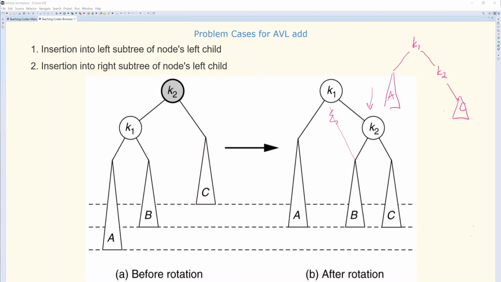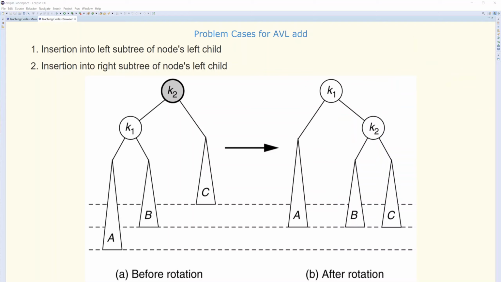We just break this link and create this link. So the tree in the middle becomes adopted by K2. Okay? And this solves our problem. Now it's a balanced tree. Now, I hope you all understand this.